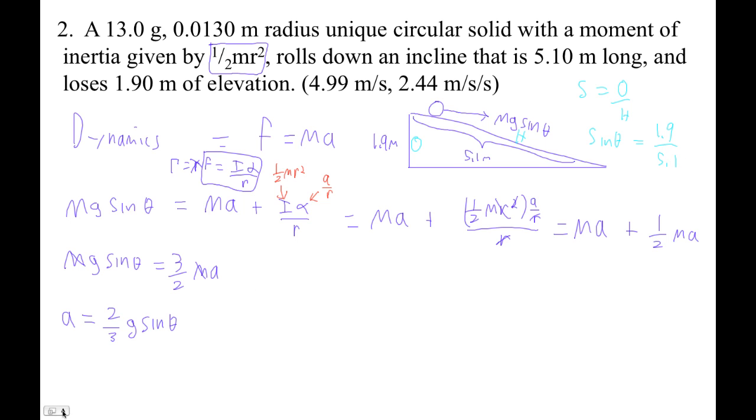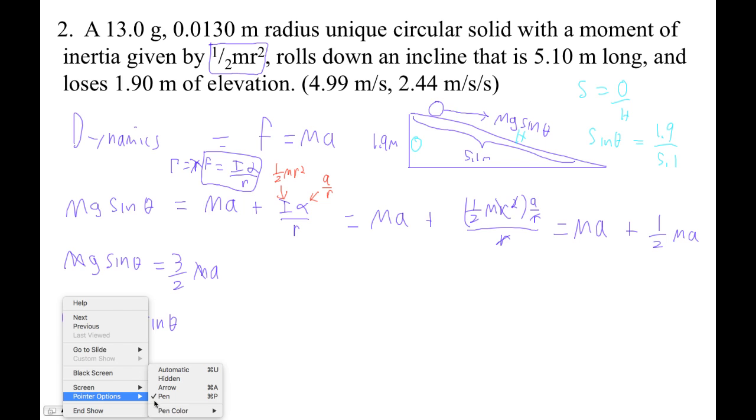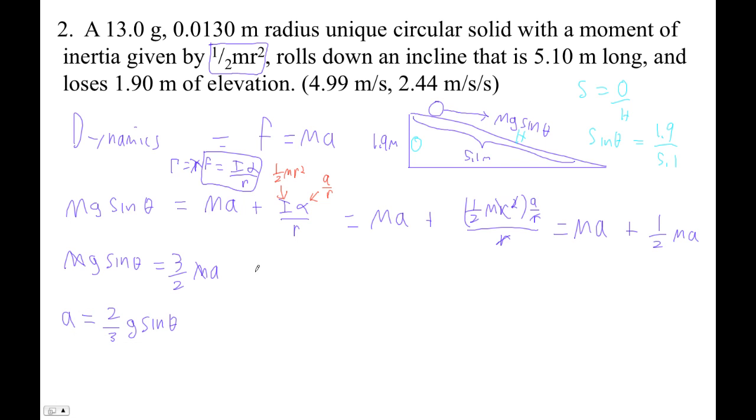So I can make that substitution here. I keep changing color here. So the acceleration is 2/3 times 9.81 times the sine of that angle, which is 1.9 over 5.1.